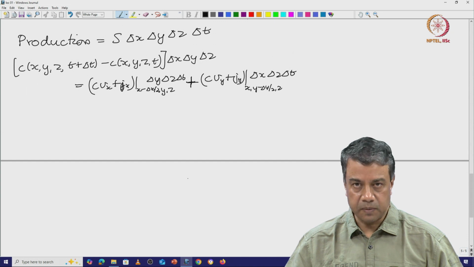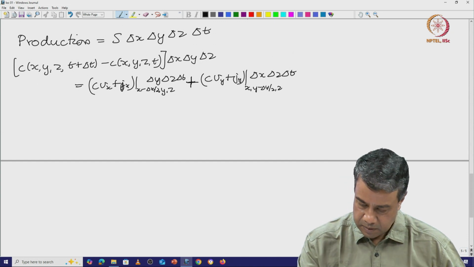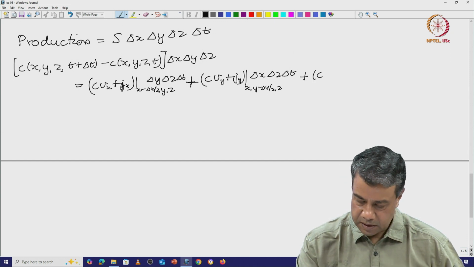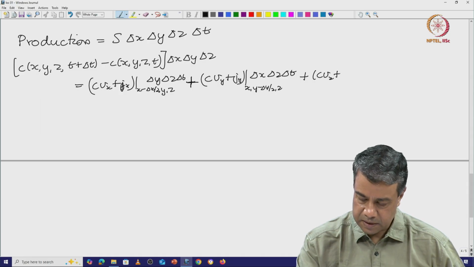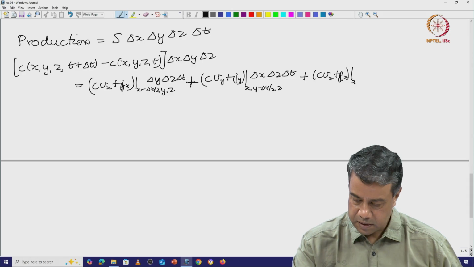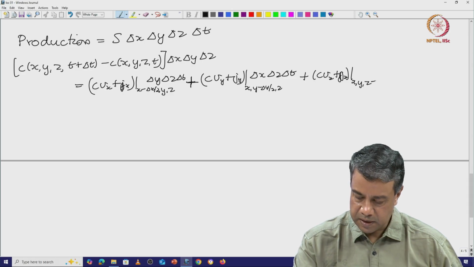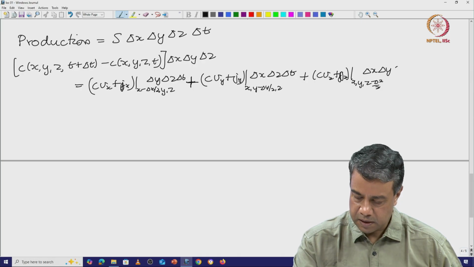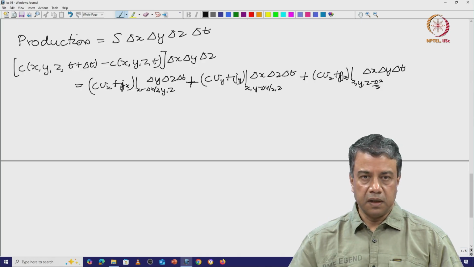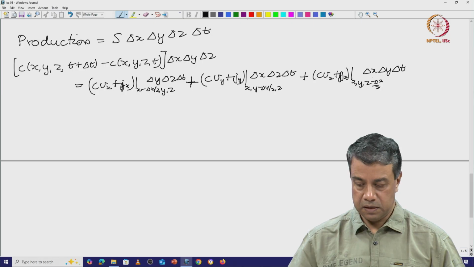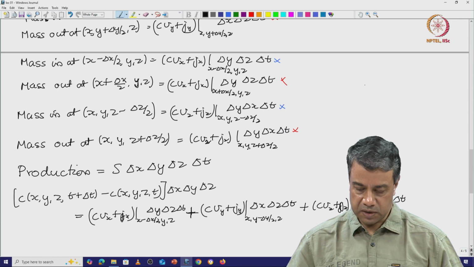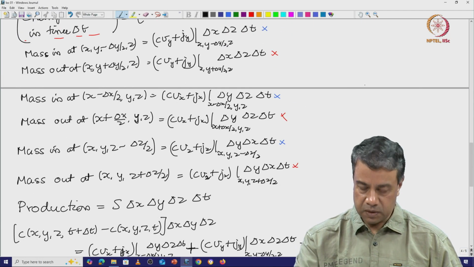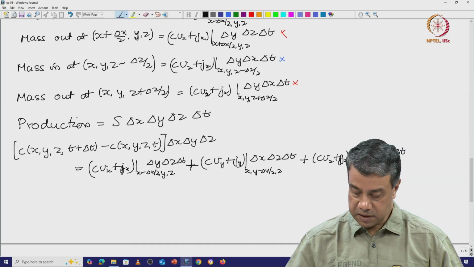And the third contribution is plus C Vz plus Jz at x, y, z minus delta z by 2, delta x delta y delta t. That is the total mass in, the 3 contributions shown in blue over here.